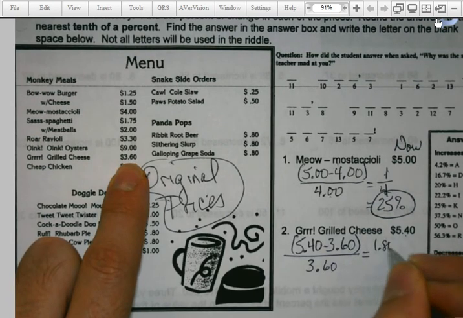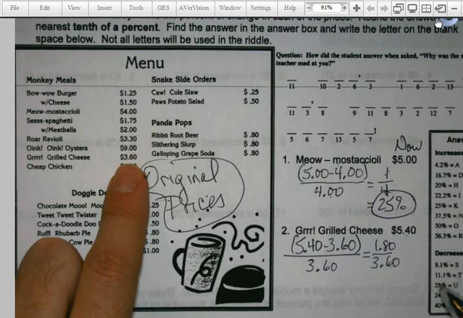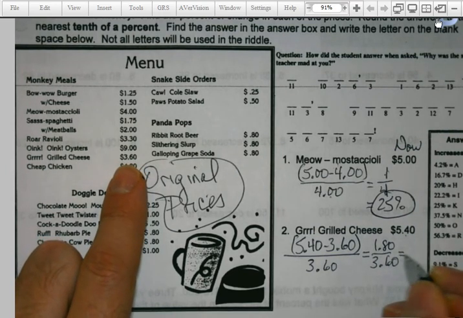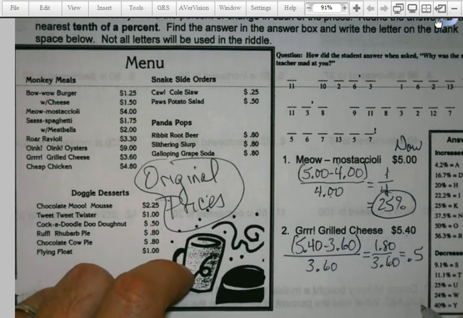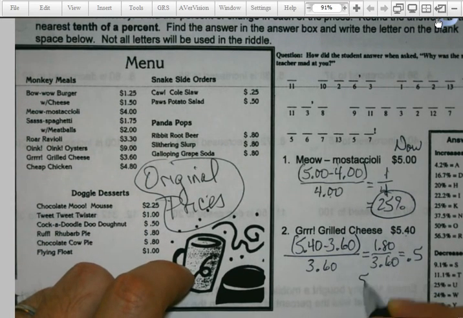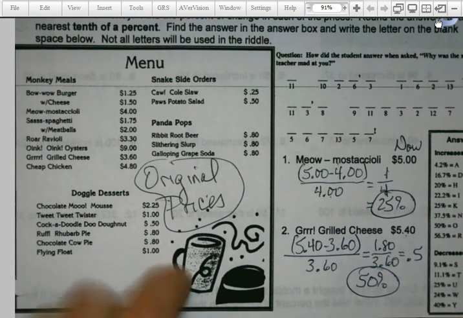So I'll subtract those. So 180 over 360, which would be 0.5. But again, I know that's not the answer because I got times it by 100 still. Which is 50%.